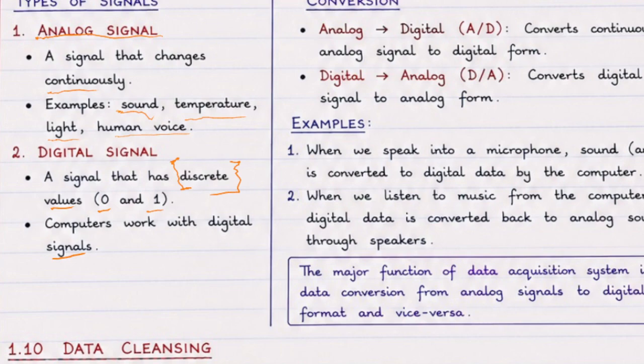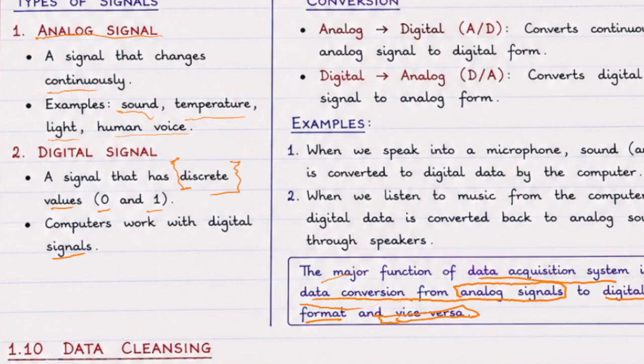Listen, the major function of a data acquisition system is data conversion from analog signal to digital format and vice versa. That's the main point of data acquisition, okay? And that is what data acquisition is all about.